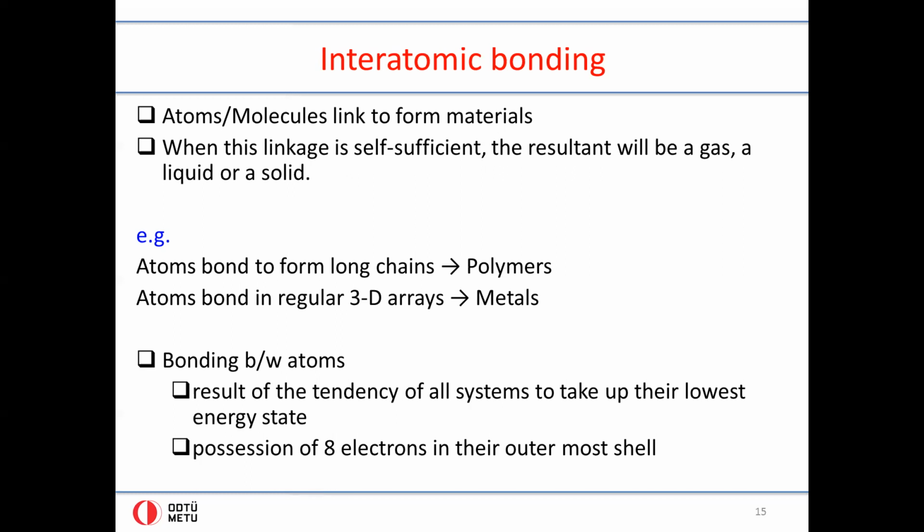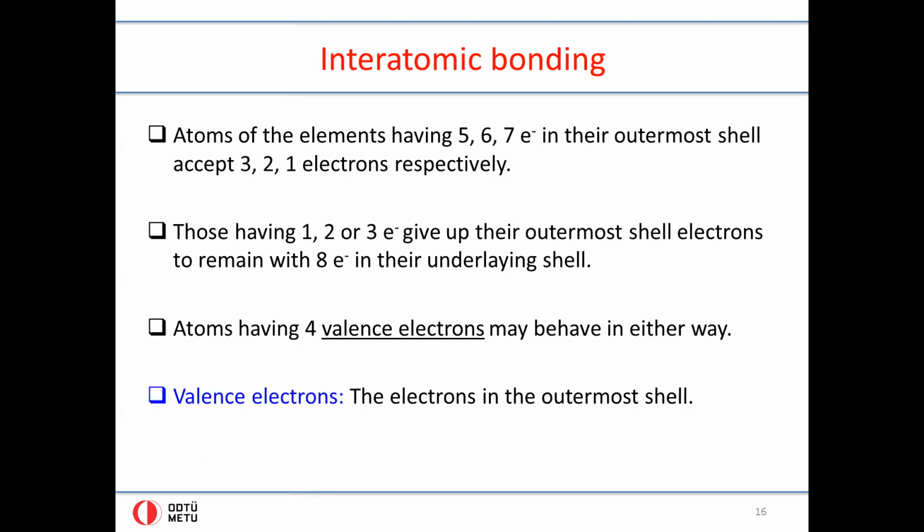Then the rule that is followed is the rule of 8, which is the possession of 8 electrons in the outermost shell, ignoring the first shell, which has 2 electrons in its stable condition. All the other shells have 8 electrons to be full. So any atom will try to change its electron number to satisfy this rule of 8.